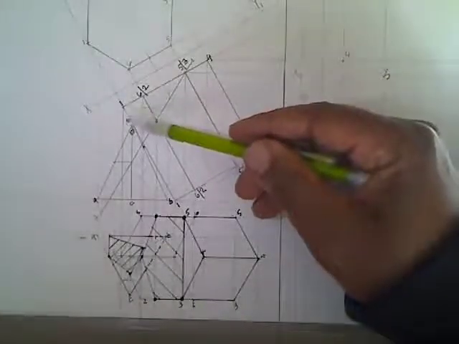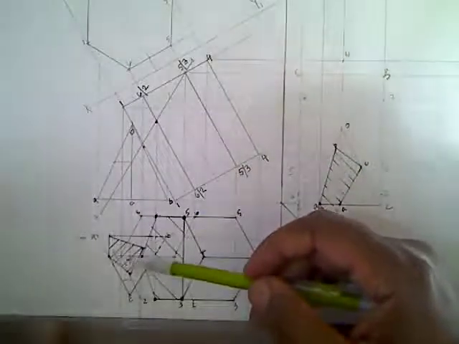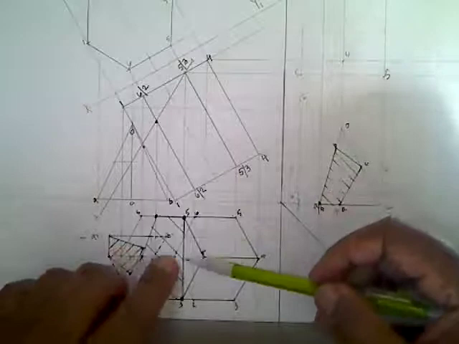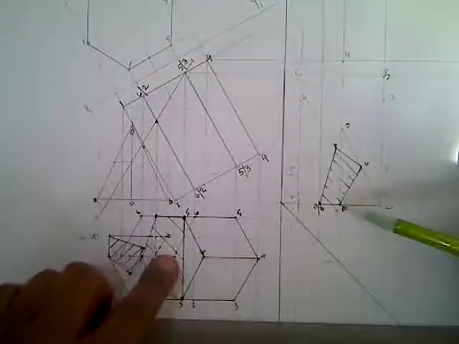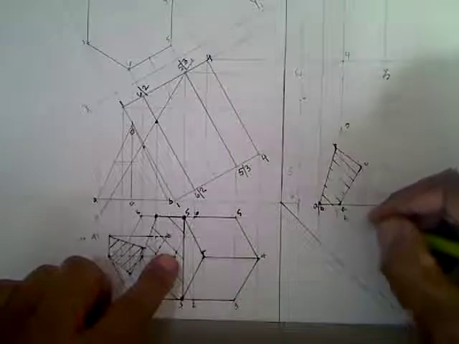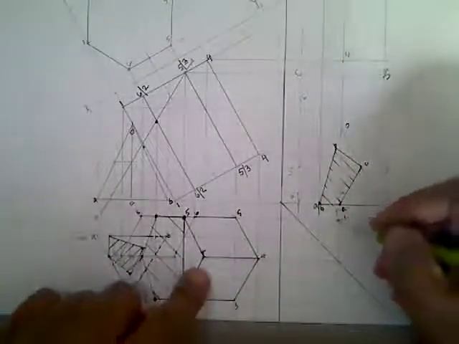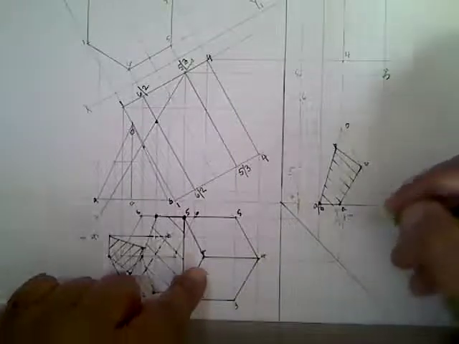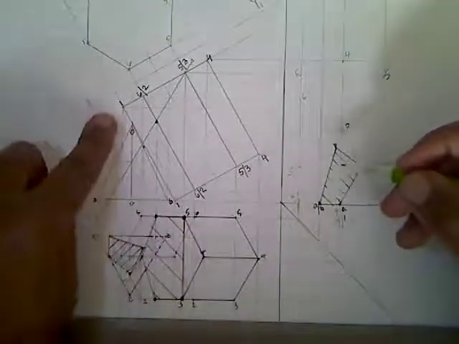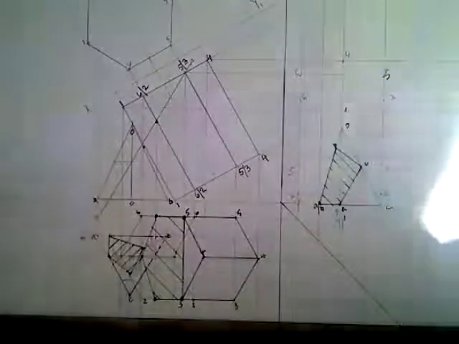Now I'm lost with my 1. Trying to get to the bottom of 1. 1 is there, and there is my 1. 1 is here. We'll find 1 also here. 1 is in line with 4. 1 and 4. And then there is my 1.